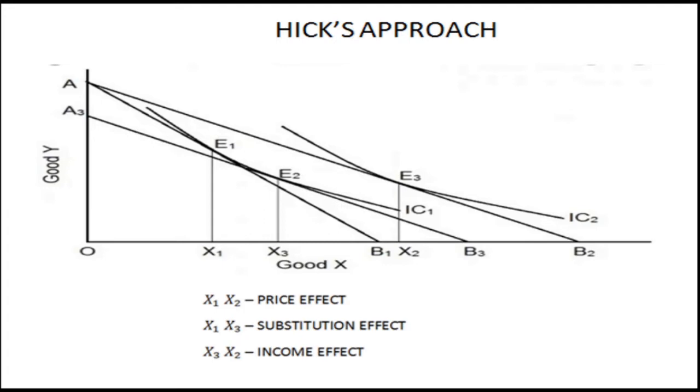In this diagram, we have measured good X on the horizontal axis and good Y on the vertical axis. Let's suppose the prices of goods X and Y and the income of the consumer produce a budget line called AB1.